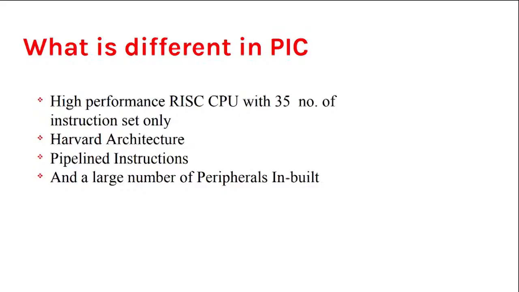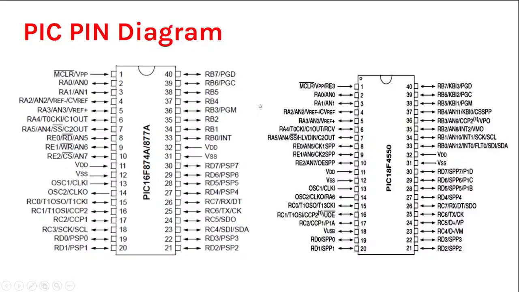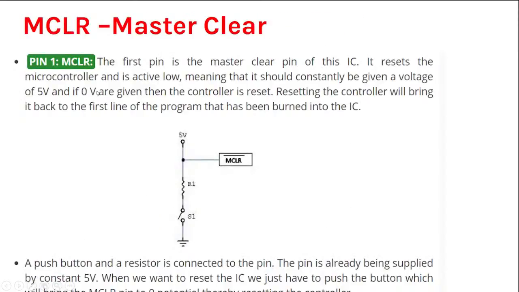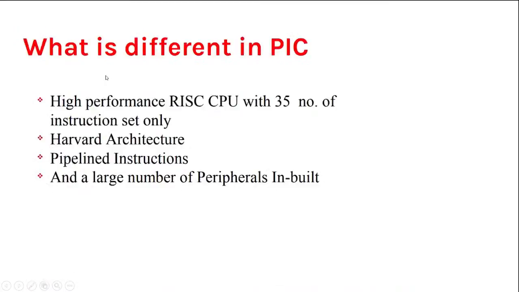Okay, so this is the pin diagram for PIC 16F877A and PIC 18F4550. Both are the same, I will explain the pin details. Okay, so MCLR stands for master clear. I have the detailed explanations on the upcoming slides for each and every pin.